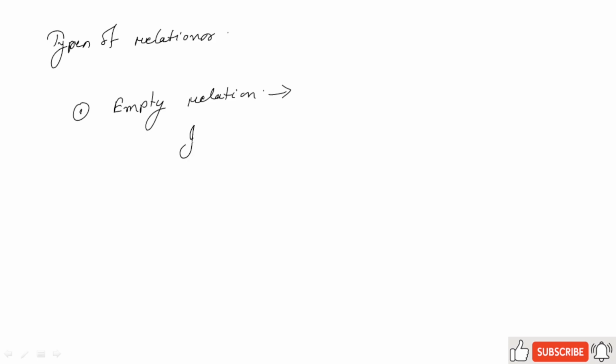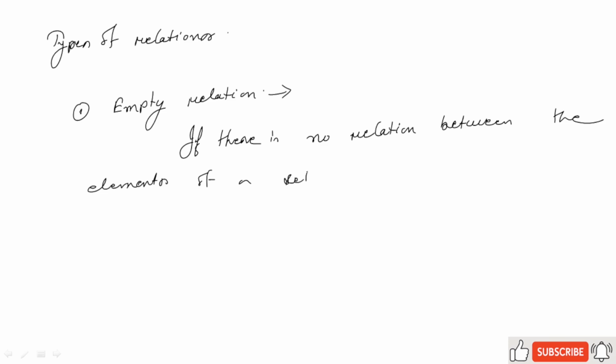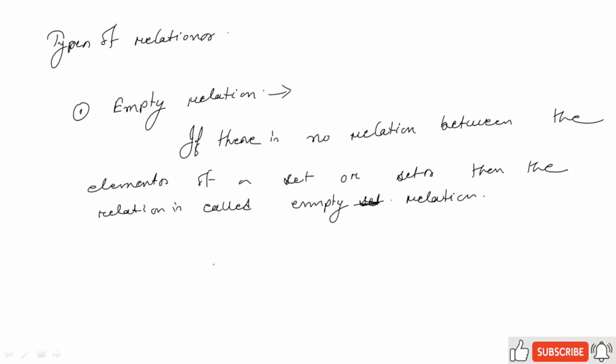So, if there is no relation between the elements of a set, then the relation is called an empty relation. That means there is no relation.